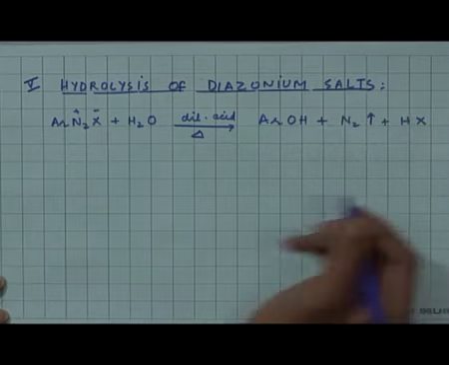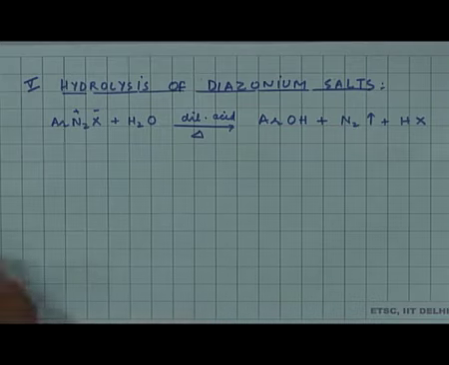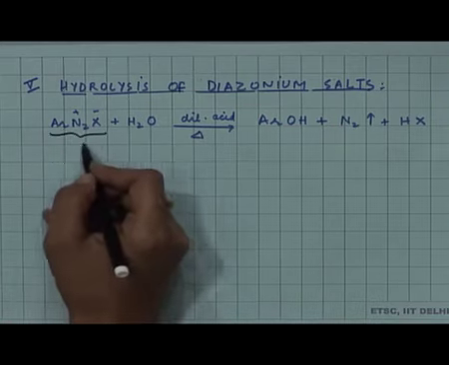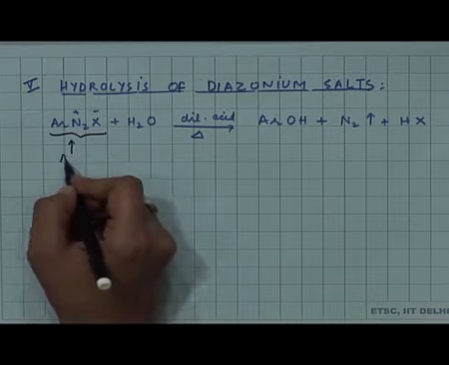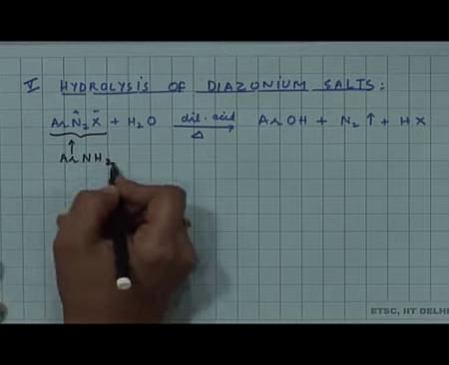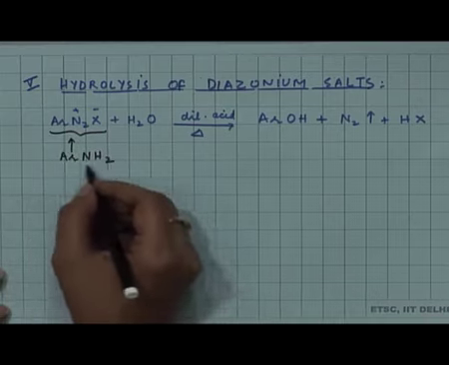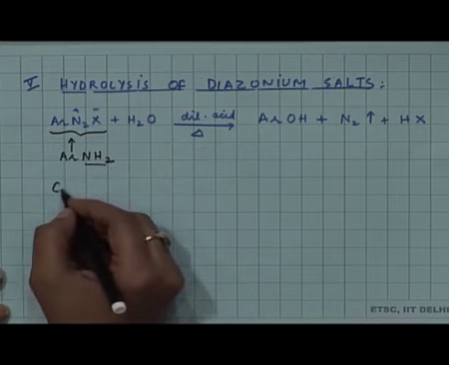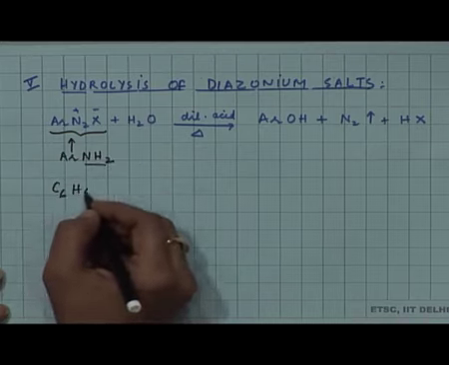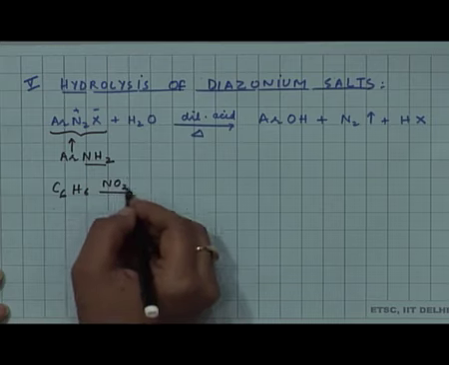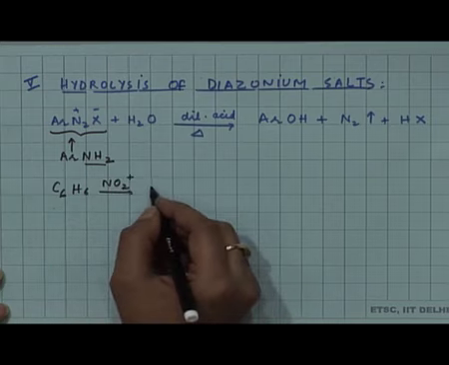And the diazonium salts we know are easy to obtain starting from the aryl amines, and the aryl amines you have studied that you can always prepare starting from benzene, subjecting it to electrophilic substitution, nitration in this case.